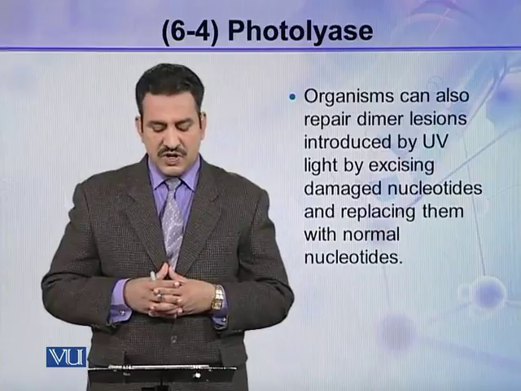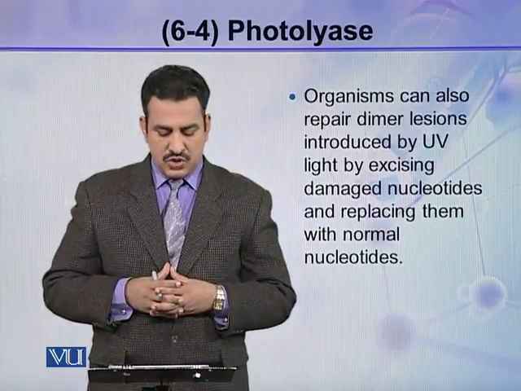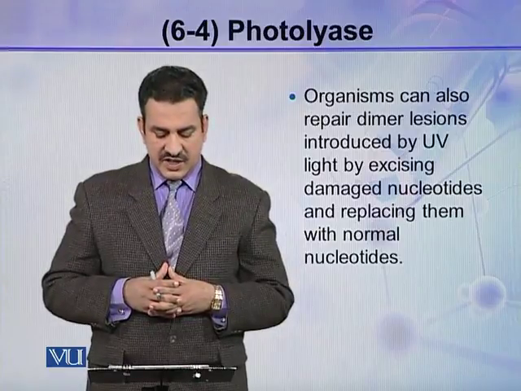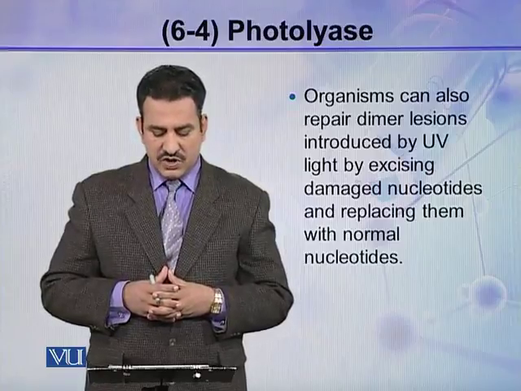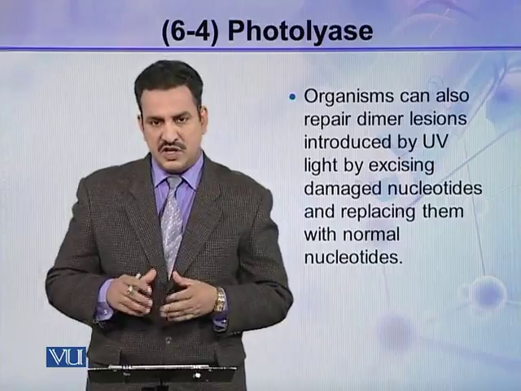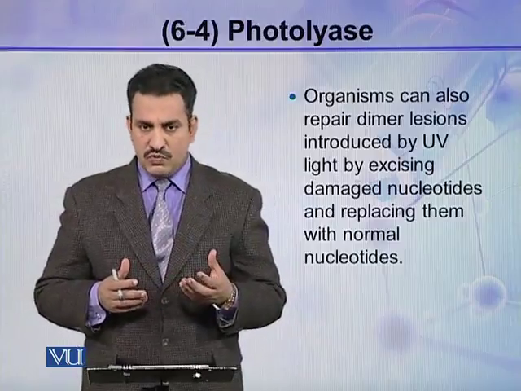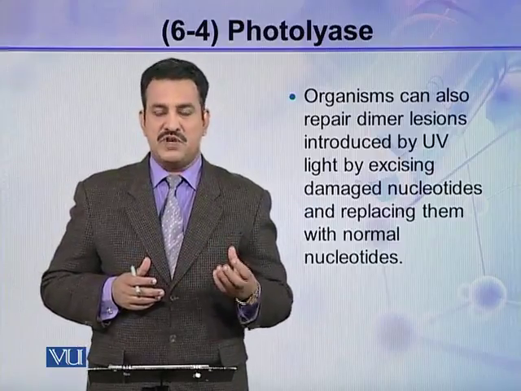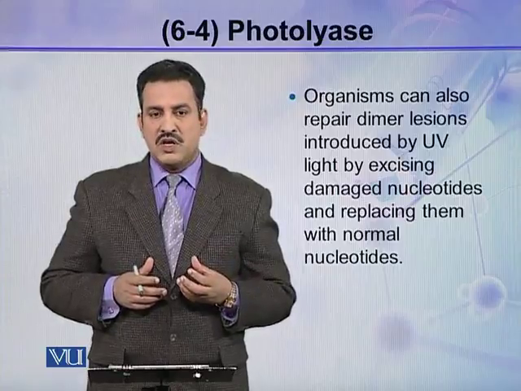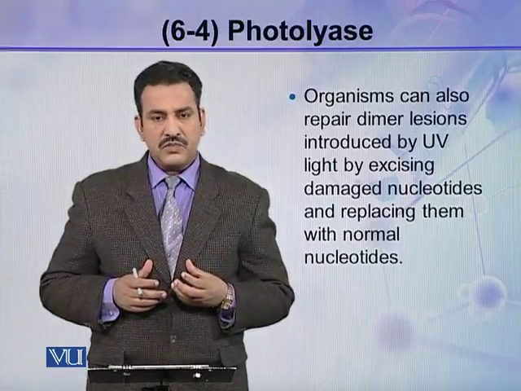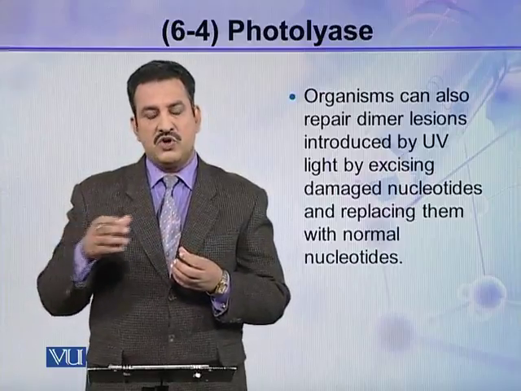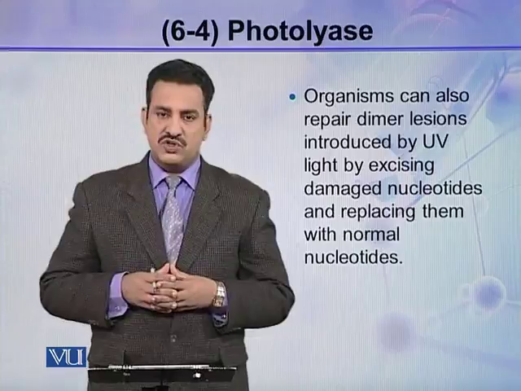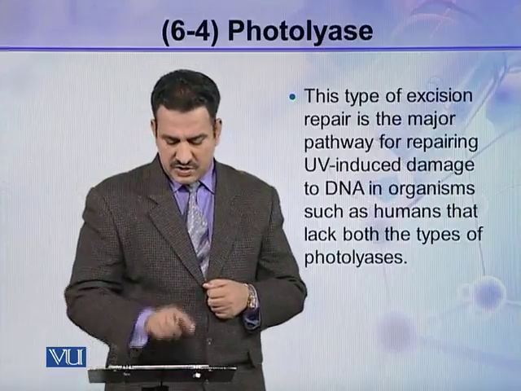Organisms can also repair dimer lesions introduced by UV light by excising damaged nucleotides and replacing them with normal nucleotides. This is another mechanism of UV damage repair. So in this mechanism, the organisms simply remove, or excise, the damaged nitrogenous bases.